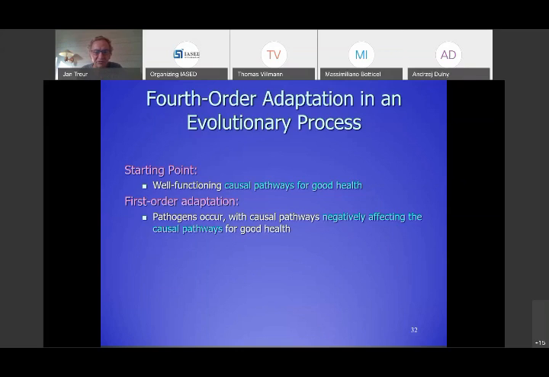They have causal pathways that have an important, I wouldn't say intention, but at least an important effect, that they negatively affect your healthy pathways, that without them give you good health. So these pathways that you already have are disturbed by new causal pathways of these pathogens, say viruses or so.